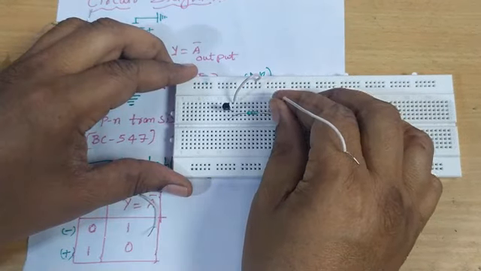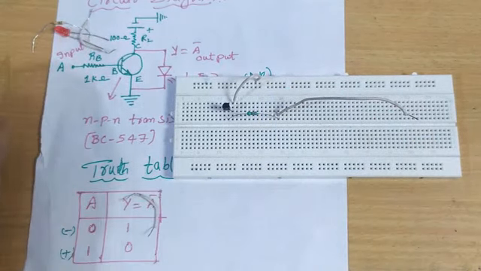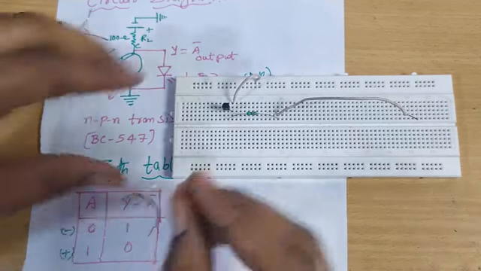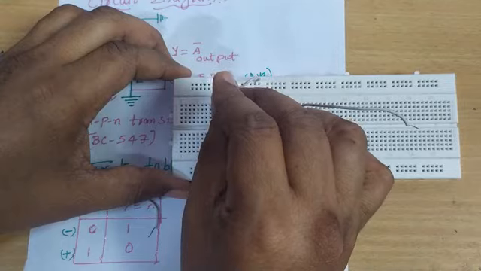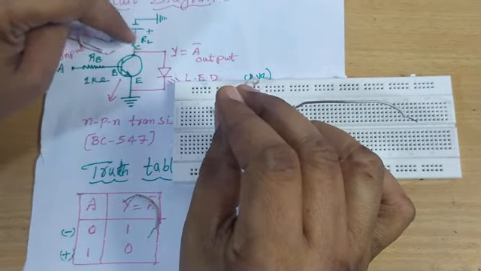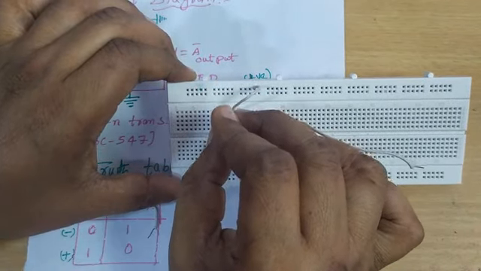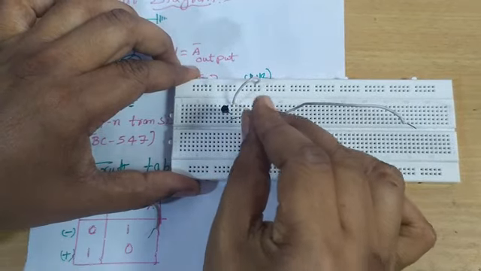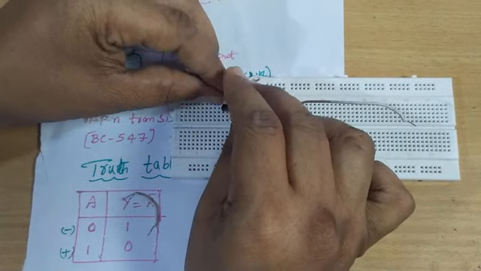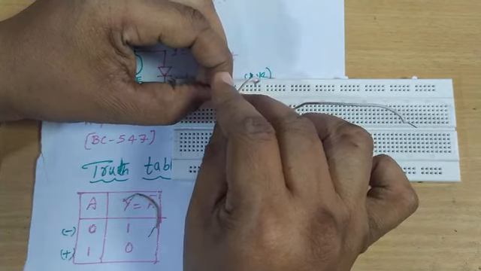For the input, I am taking a wire as A. Next, the LED is connected between the collector and the emitter: the collector is connected to the positive terminal of the LED, and the emitter to the negative terminal of the LED.